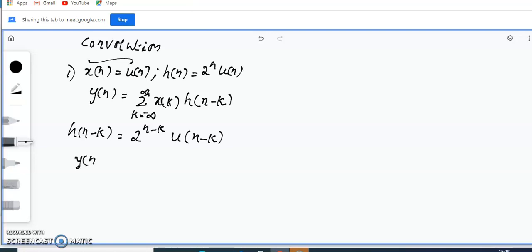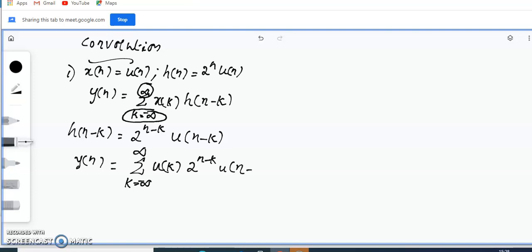What you will get is y of n is equal to sigma, k is equal to minus infinity to plus infinity, instead of x of k it is u of k, and instead of h of n minus k it will become 2 raised to n minus k u of n minus k. Now, this is the first step.